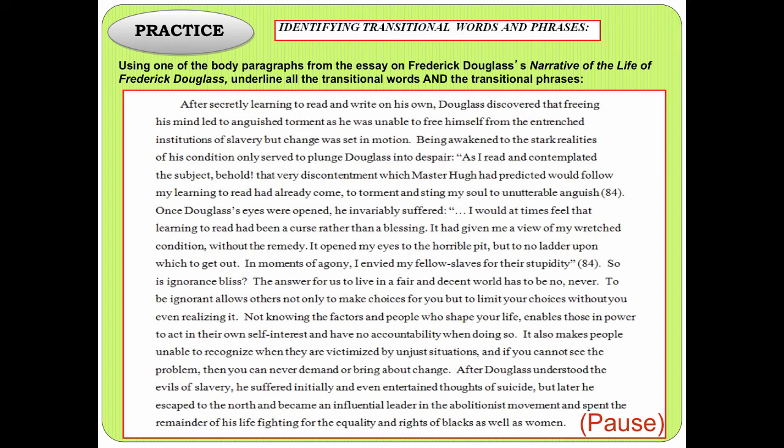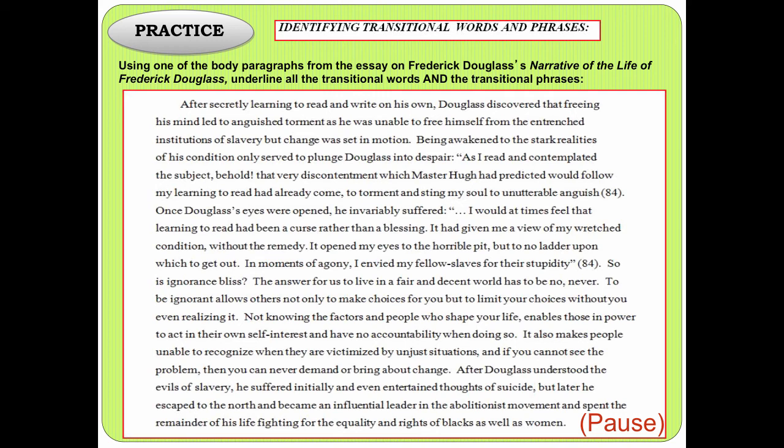Being awakened to the stark realities of his condition only served to plunge Douglass into despair. As I read and contemplated the subject, behold, that very discontentment which Master Hugh had predicted would follow my learning to read had already come, to torment and sting my soul to unutterable anguish.